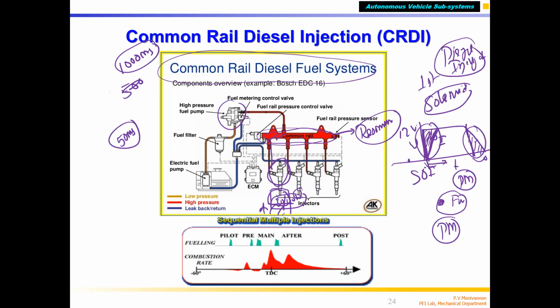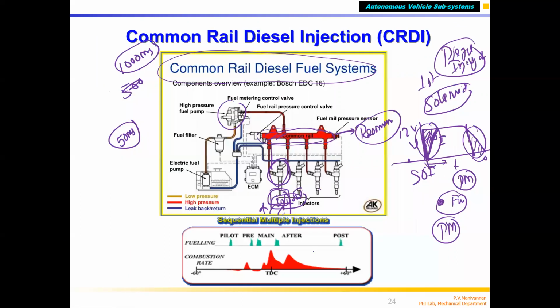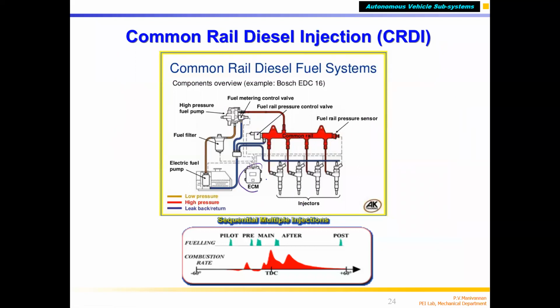So again, if you see here, I want to close the engines today, and just two more slides. So you have the ECU. This is a multi-cylinder engine, a 4-cylinder diesel engine. You have a common rail. From the common rail, as I told you, this is the tank.